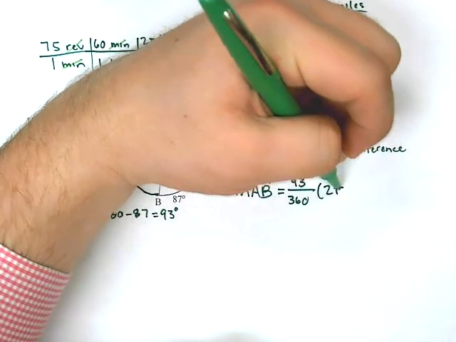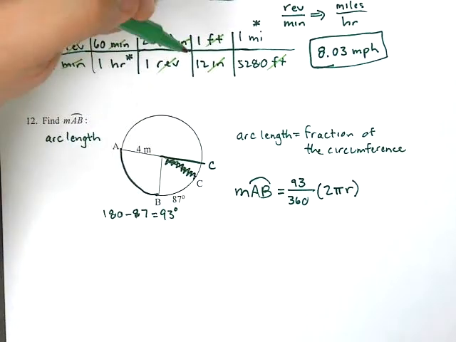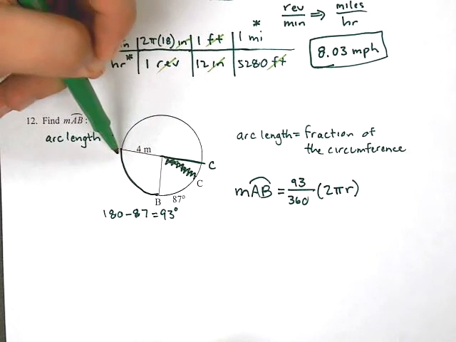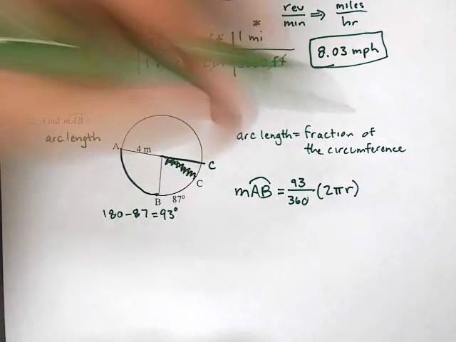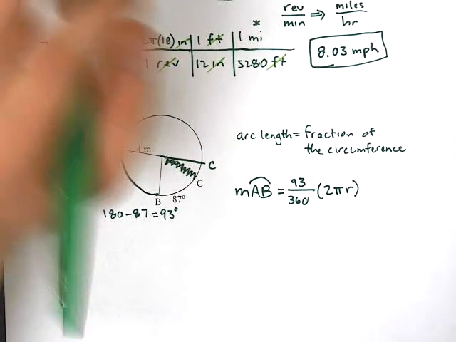And I'm multiplying that by 2 pi r. Why? Because if the full circumference is 2 pi r, but I only want this 93 out of 360 fraction, then I have to multiply those two together. I have to take 93 out of 360 of 2 pi r.